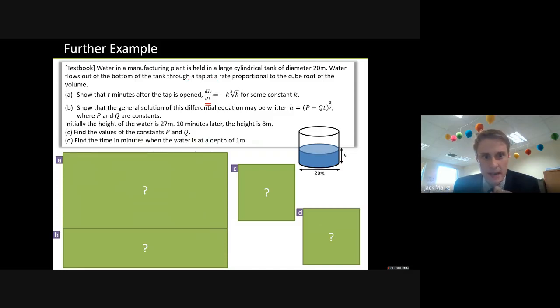A tap. Let's talk about this tap first. So water flows out. So what is water flowing out? That's volume. It flows out at a rate, and it's proportional to the cube root of the volume. So you have to be able to turn this whole statement into this statement.